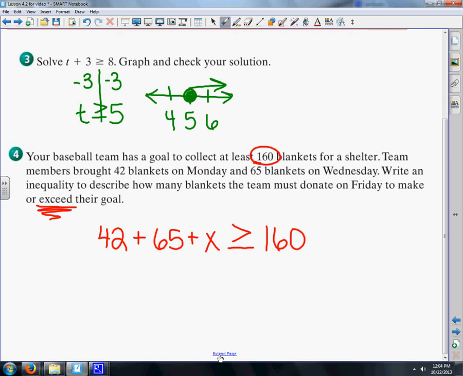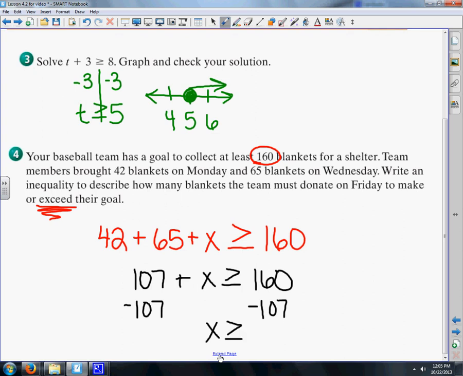So I'm going to add 65 and 42, and that's 107 plus x is greater than or equal to 160. And then I minus 107 from both sides. And x has to be greater than or equal to 53 blankets.